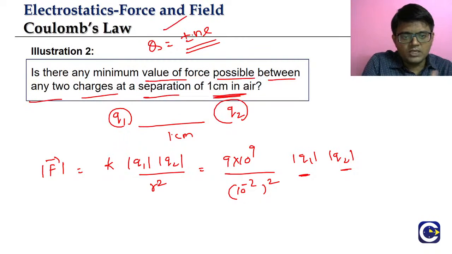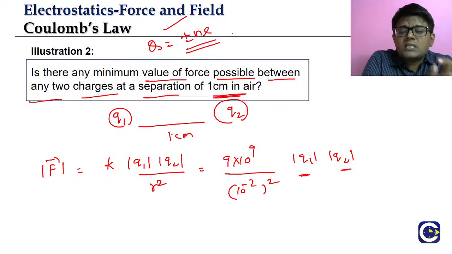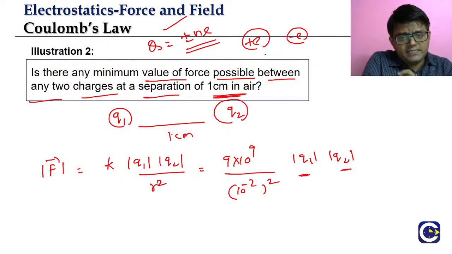We call it Q is equal to plus or minus n into e. Now, what is the minimum charge possible on any object? Either plus e or minus e. When you say a charged object, it should have a minimum charge of either plus e or minus e.